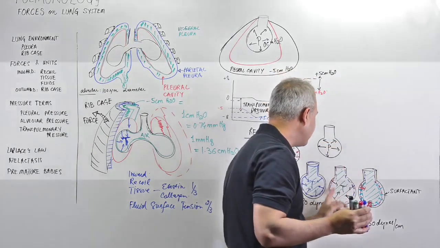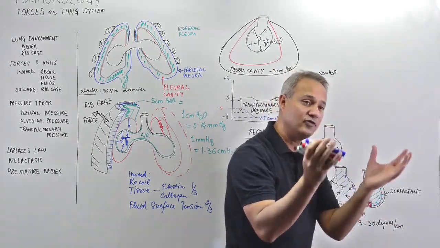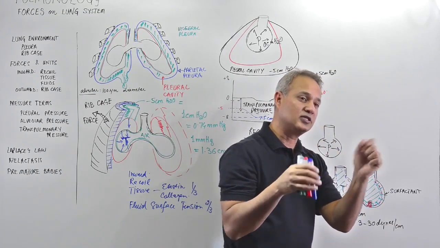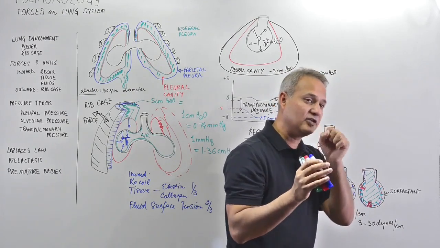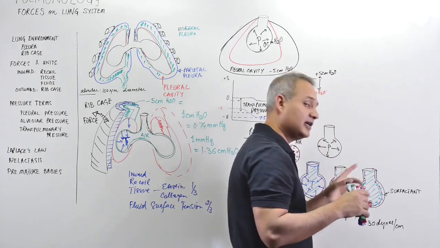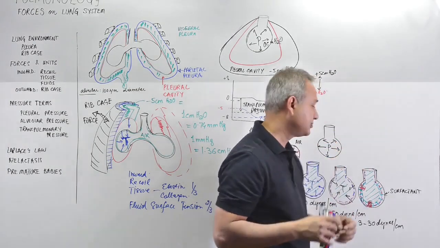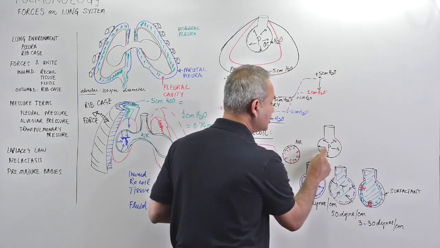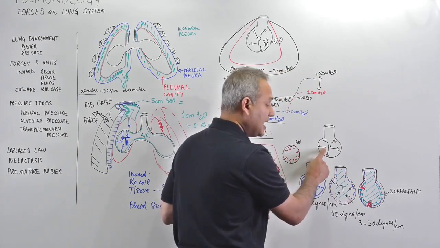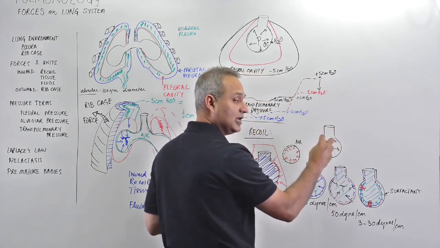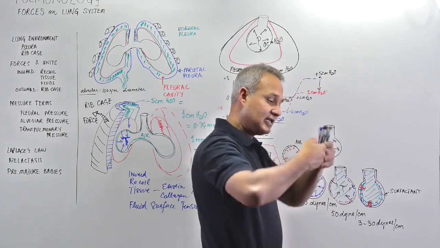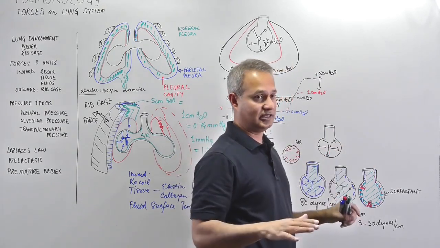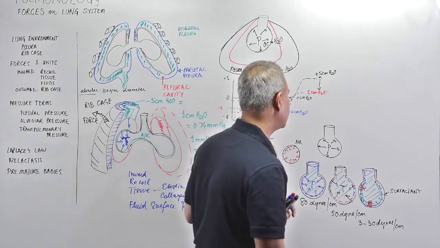A balloon does not have a fluid layer. If you put a tiny amount of water, make the balloon all wet and then inflate it, then there will be a fluid layer as well that would try to pull it inwards. So this is the pressure that is trying to move outwards. This pressure, the recoiling forces and the expansile forces all have to become equal for the alveoli to stay stable. So keep that in mind.